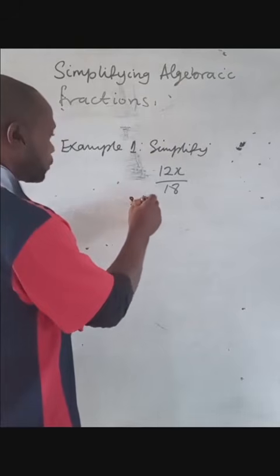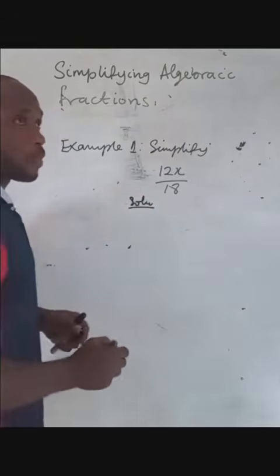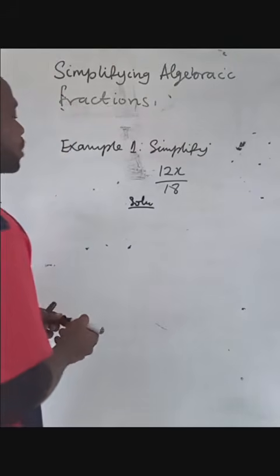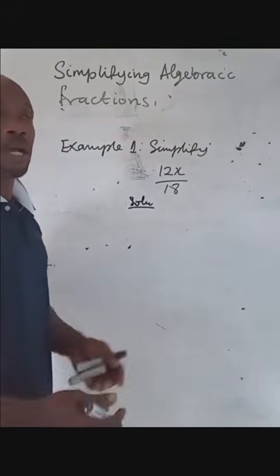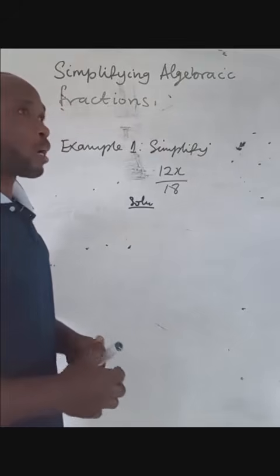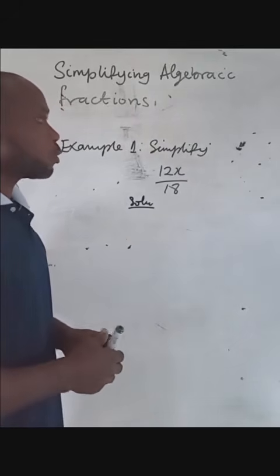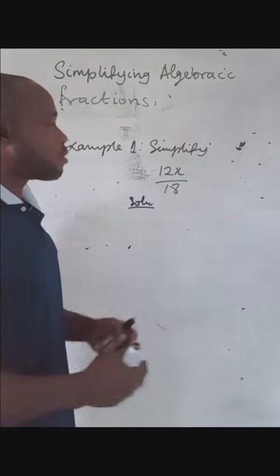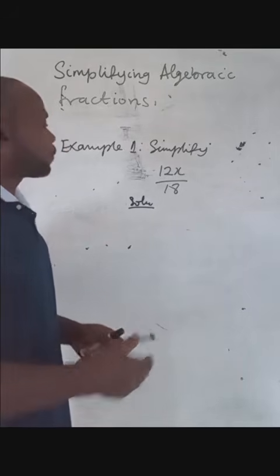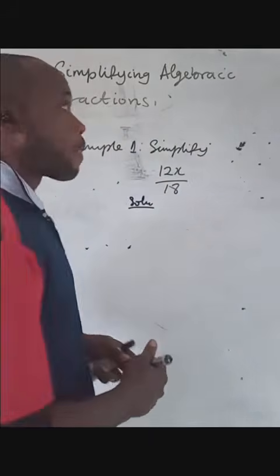Solution. The method we are going to use here is cancellation. We are going to cancel out the common factors of 12 and 18.